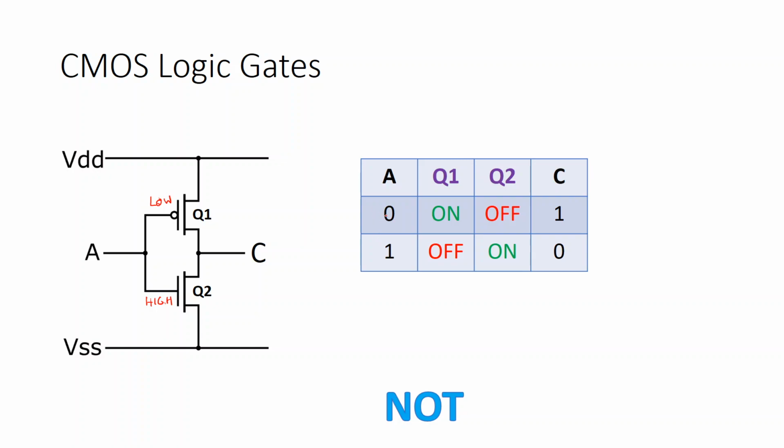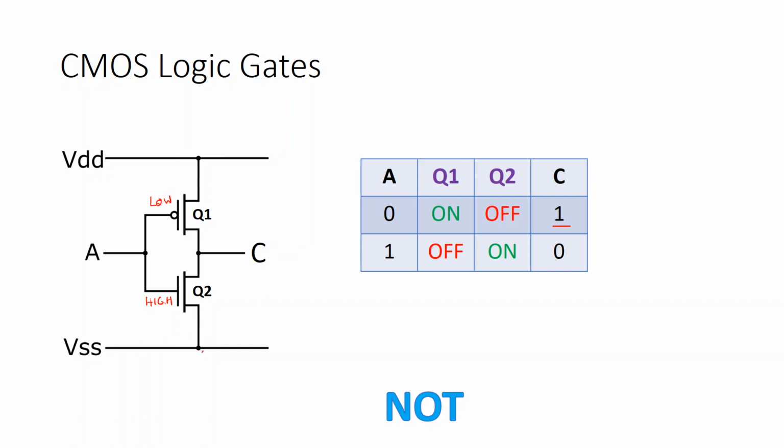So when A is 0, then Q1 is on, Q2 is off. That means VDD has appeared at C. So since VDD is a high voltage, C is giving you a value of 1. And when A is 1, then Q1 is off and Q2 is on.